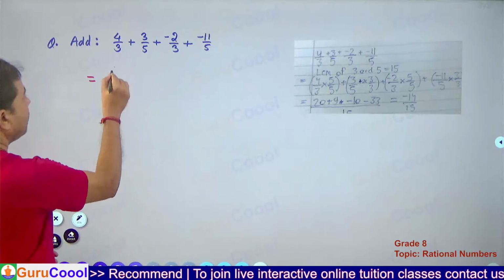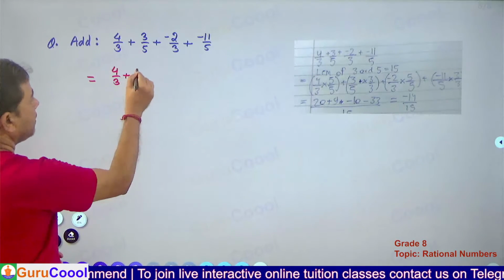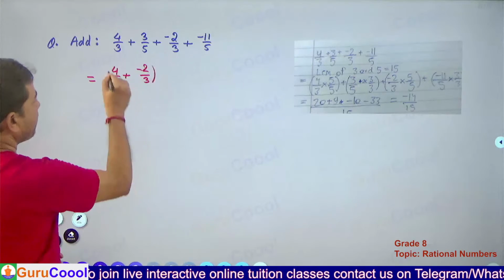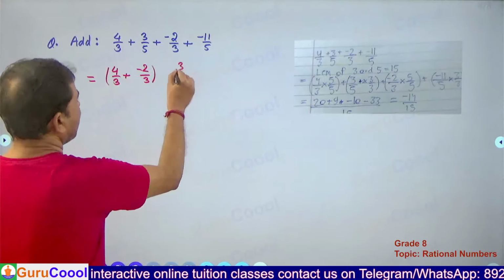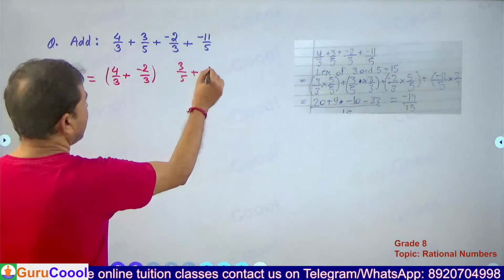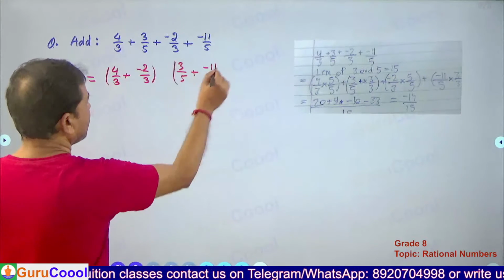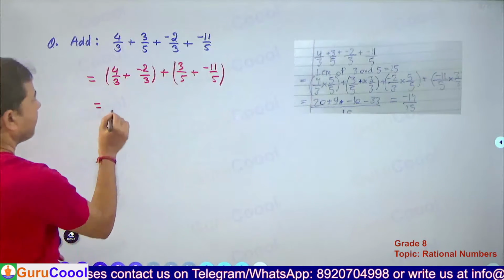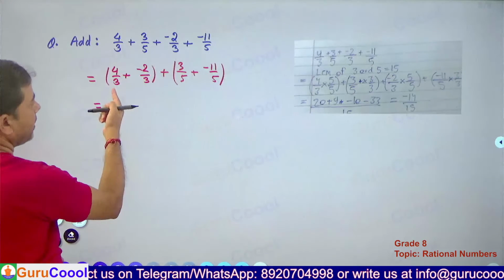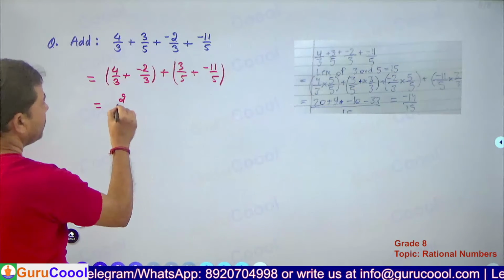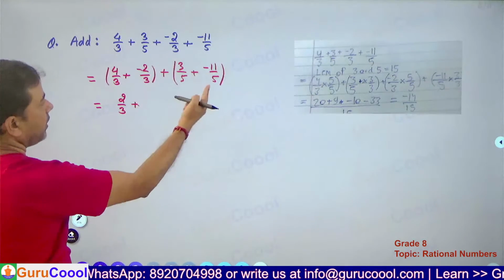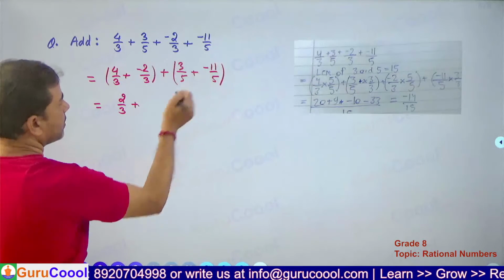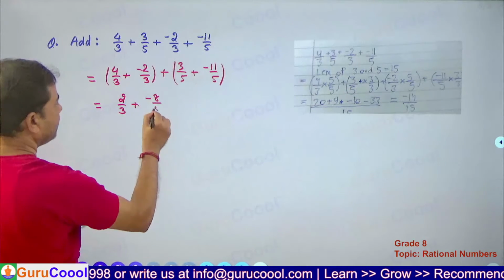So 4 by 3 and minus 2 by 3 together, 3 by 5 and minus 11 by 5 together. Their denominators are the same. 4 minus 2 is 2, it's 2 by 3. Here denominators same, 3 minus 11 is minus 8 by 5.